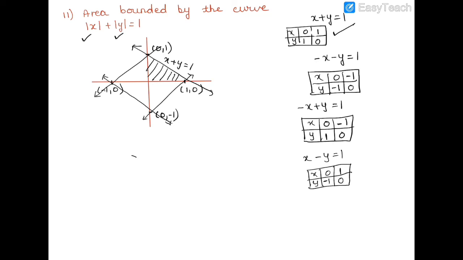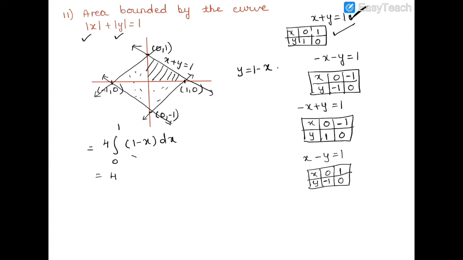Therefore what I want is 4 times the integral of the line, y equal to 1 minus x, so 1 minus x dx, limit is 0 to 1. This is my required area. And why am I writing 4?